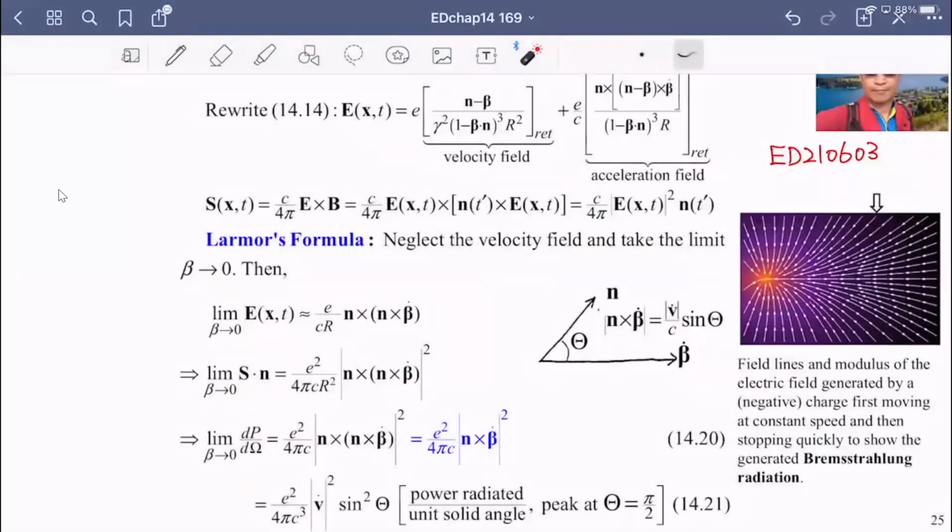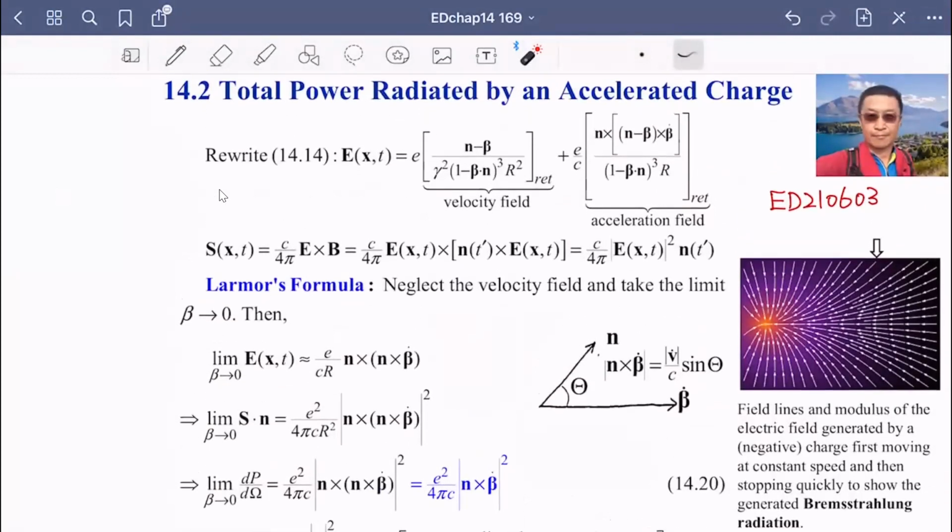The field, when the particle suddenly accelerates and decelerates, is completely different. Deceleration and acceleration will cause some effect. Okay, just a moment, because I switched from notebook to computer.